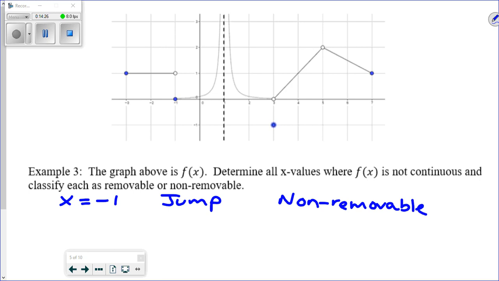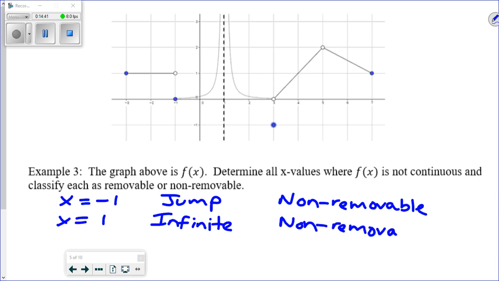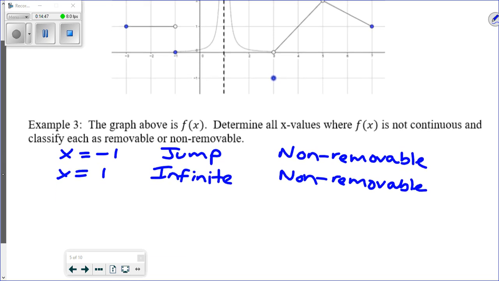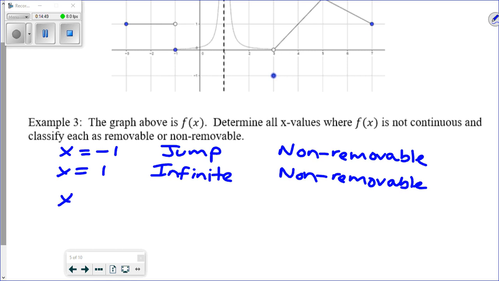All right, continuing on, I can see that there is a vertical asymptote at x equals 1, so that would be an infinite discontinuity, which is also non-removable. Continuing on, we have a hole in the graph when x equals 3.